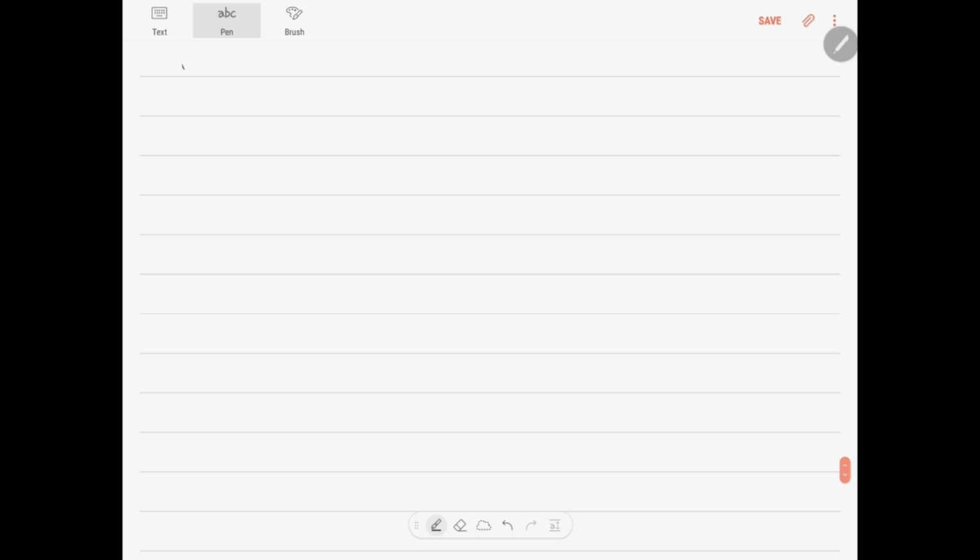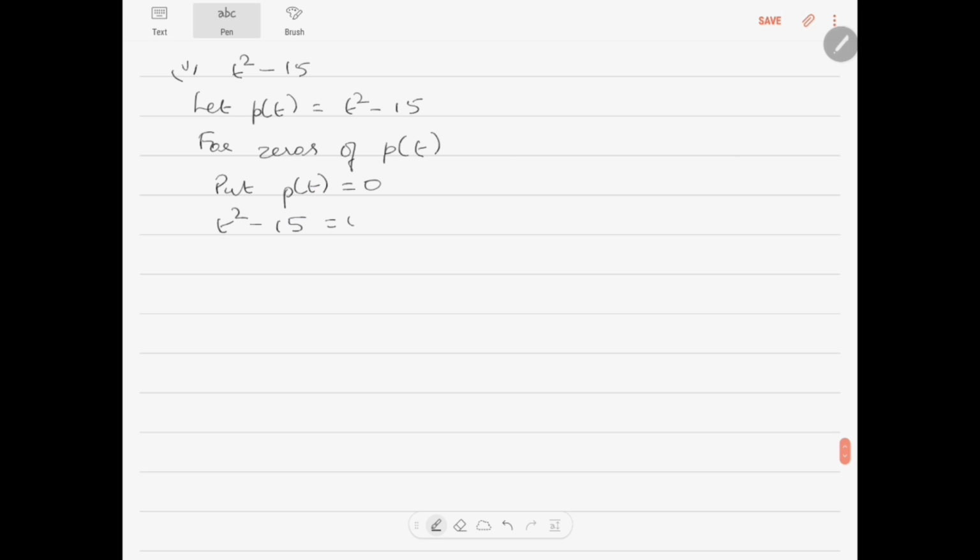Problem number 5. t square minus 15. Let p of t be t square minus 15. For zeros of p of t, put p of t equal to 0. t square minus 15 is 0. This is in the form a square minus b square is equal to a plus b into a minus b.